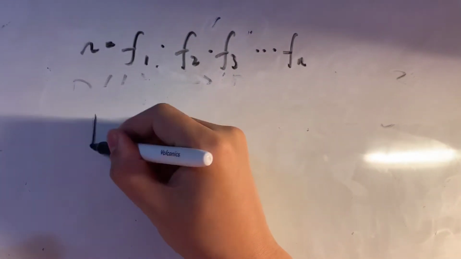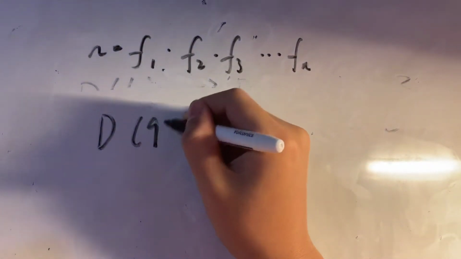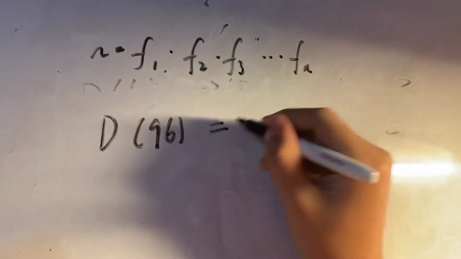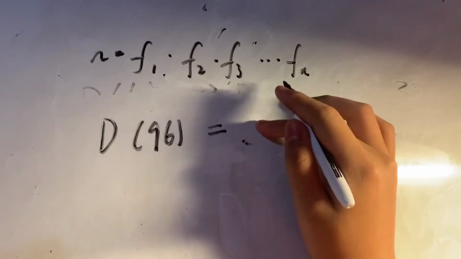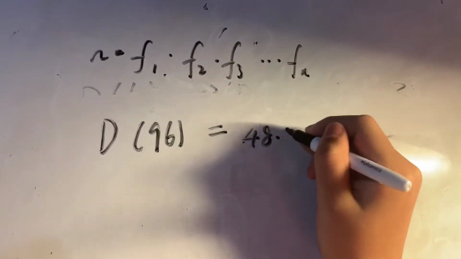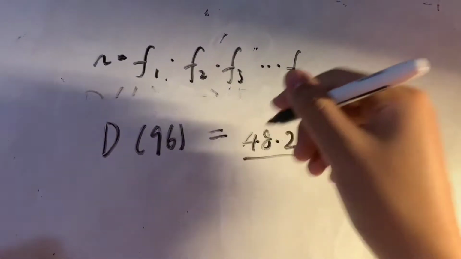Find d96. To solve this problem, let's think about it in another way. d96 is equal to d48 times 2, right? So now we have 48 times 2.